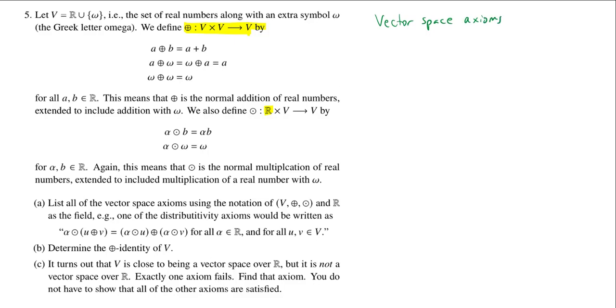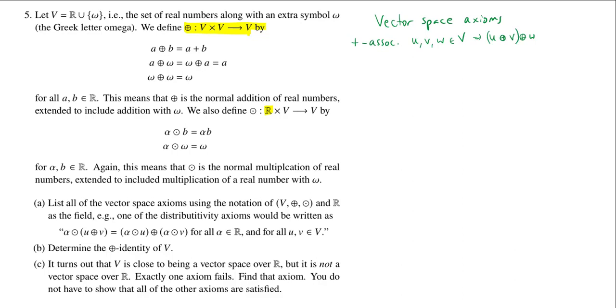First, we're going to have the associativity axiom, so additive associativity. What does that tell us? If we have a triple of things from V, say u, v, and w, not omega, but w, in V, then if I do u ⊕ v ⊕ w, now there's a question: which do I ⊕ first?